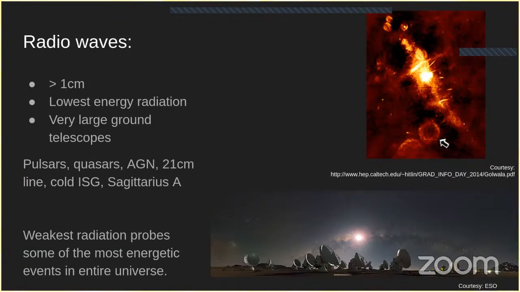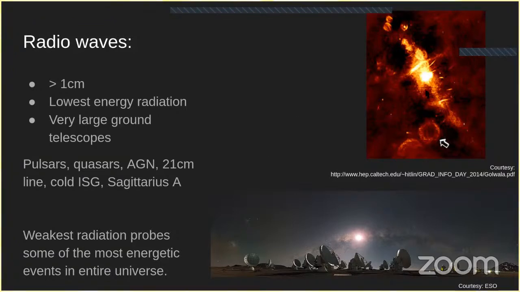So even though radio waves are one of the weakest electromagnetic radiations in terms of energy, they still help in probing one of the most violent events in the universe. It is extremely fascinating that something so weak can probe such energetic events. At least I was surprised when I learned this for the first time.